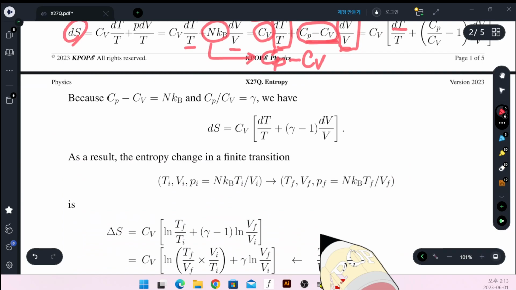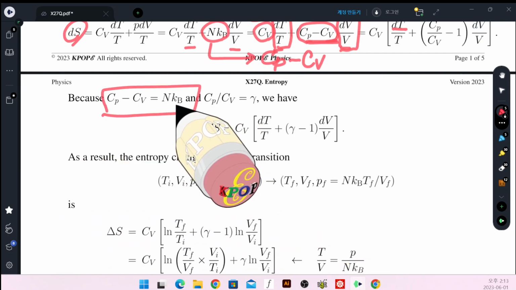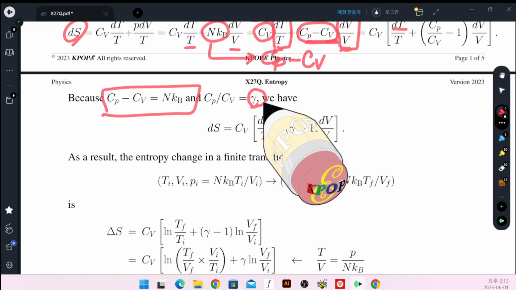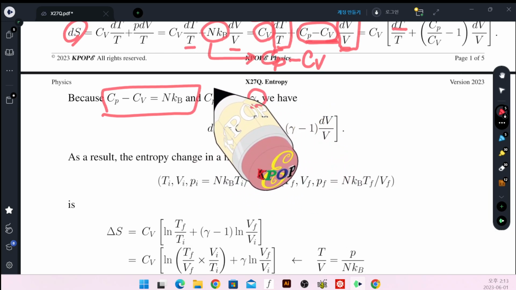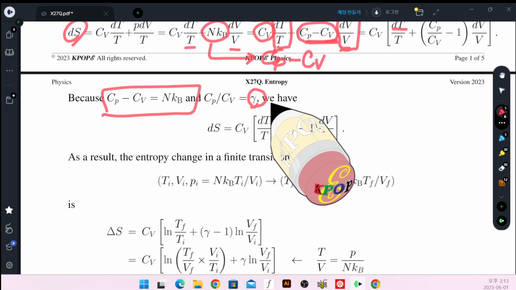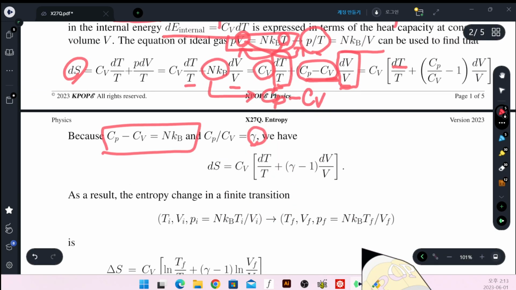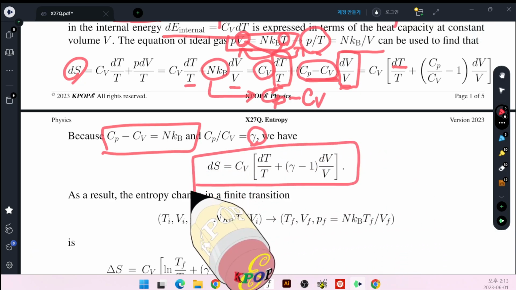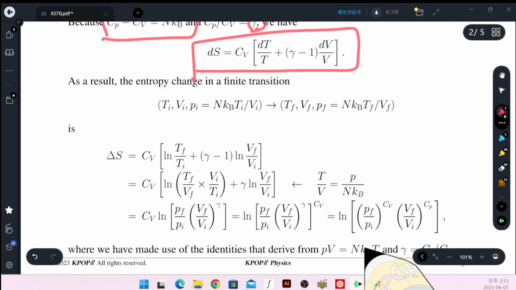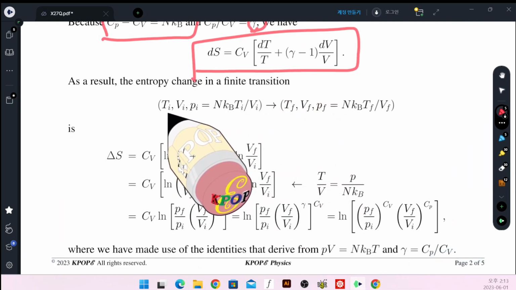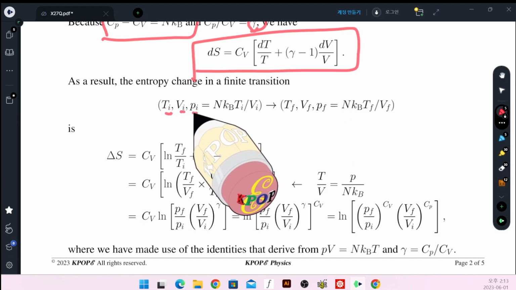We recall that this is exactly NkB, and we have a special notation for the ratio of these two heat capacities, gamma. So it becomes this kind of form.